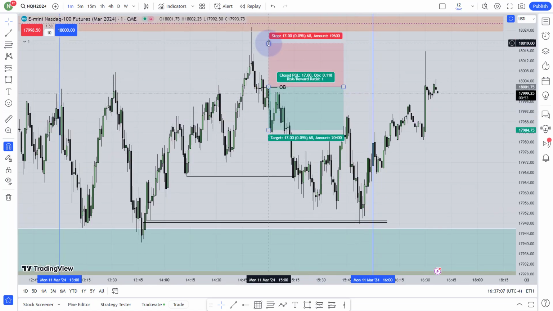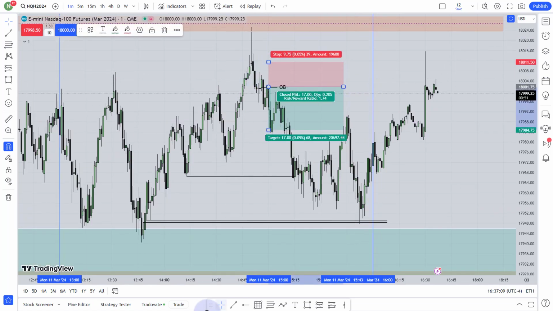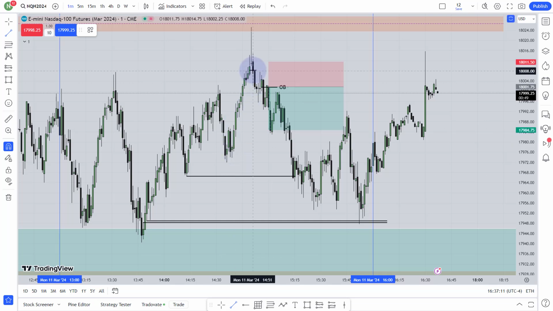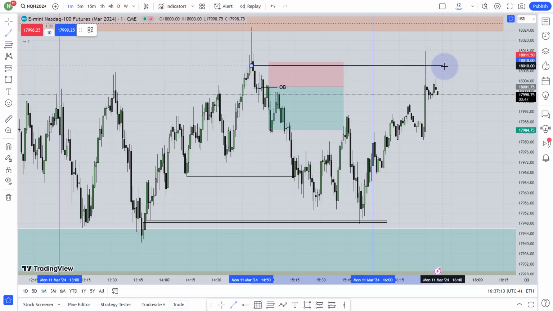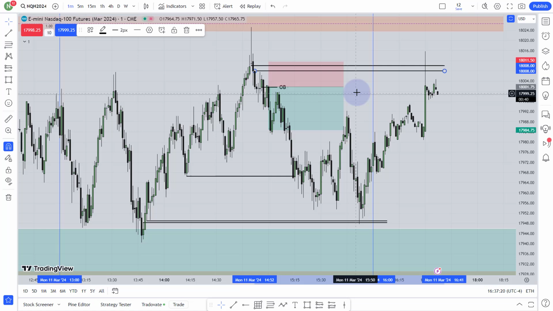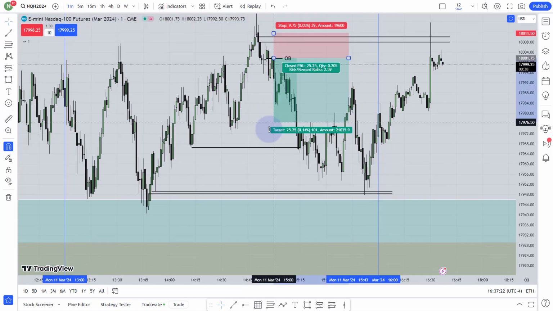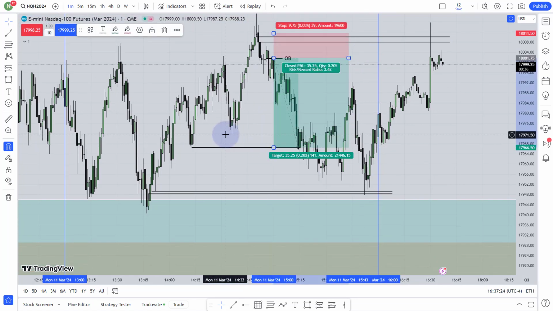So you can take an entry at that order block level. Your stop loss has to cover the last fair value gap. So there is the last fair value gap from the 1 minute chart. This is that last fair value gap from the 1 minute chart. So your stop loss has to cover the last fair value gap, and you can target that relatively equal lows.